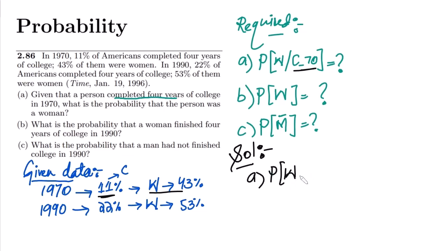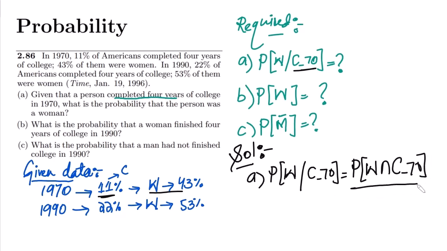The probability of a woman given that he or she has completed college in 1970 is equal to the probability that this is a woman and the college degree has been completed in 1970, divided by the probability that a college degree has been completed in 1970.